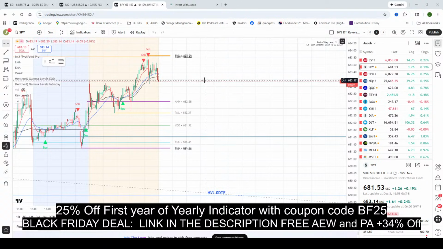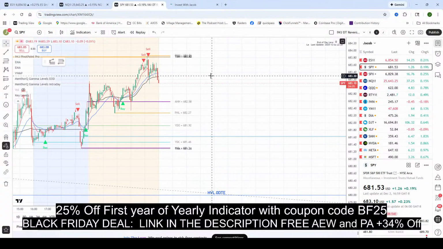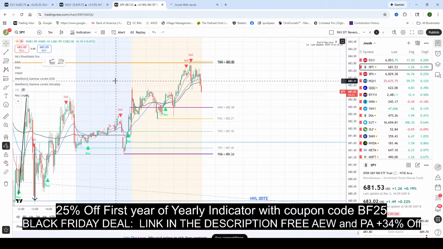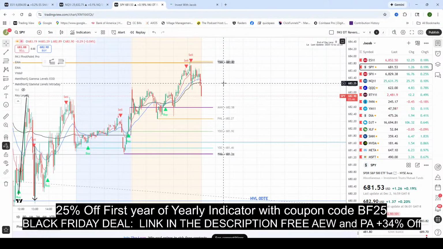So let's take a look at overall what we're doing here today. I created an indicator. It's called IWJ Pivot Point Pro, and it is a TradingView indicator. You can see I'm in TradingView right now. It's a very, very simple indicator in the sense of how to use it.